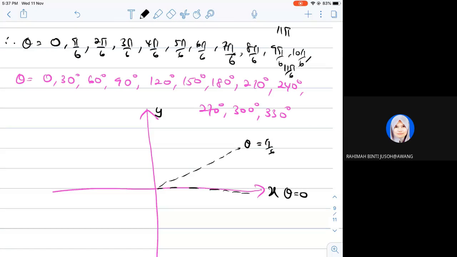And then theta equals 60 degrees, which is 2 pi over 6, or pi over 3. And then theta equals 3 pi over 2.